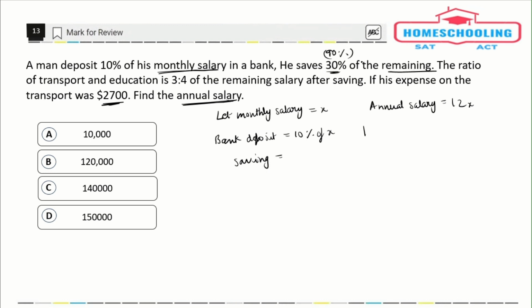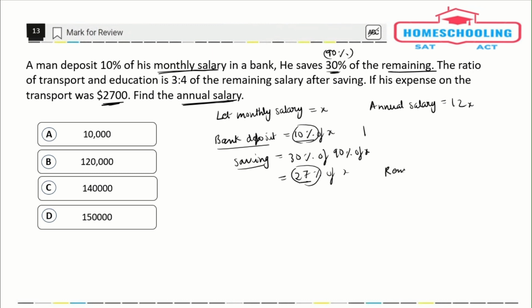So 30% of 90%, so 30% of 90% of X. If we solve this, it will come to 27% of X. So his bank deposit is 10%, his saving is 30% of the remaining, and the remaining is 90%. So 30% of 90% of X is 27%.